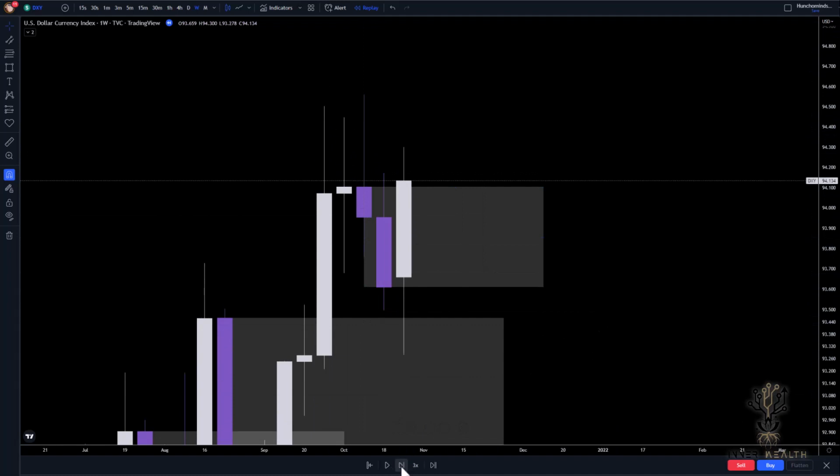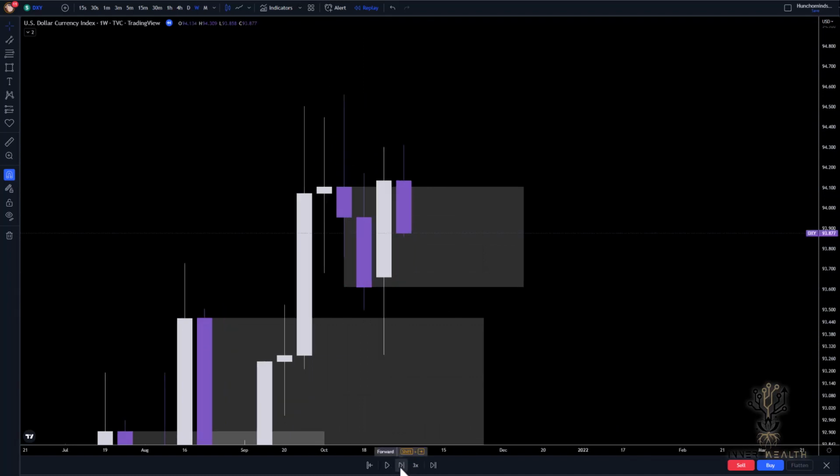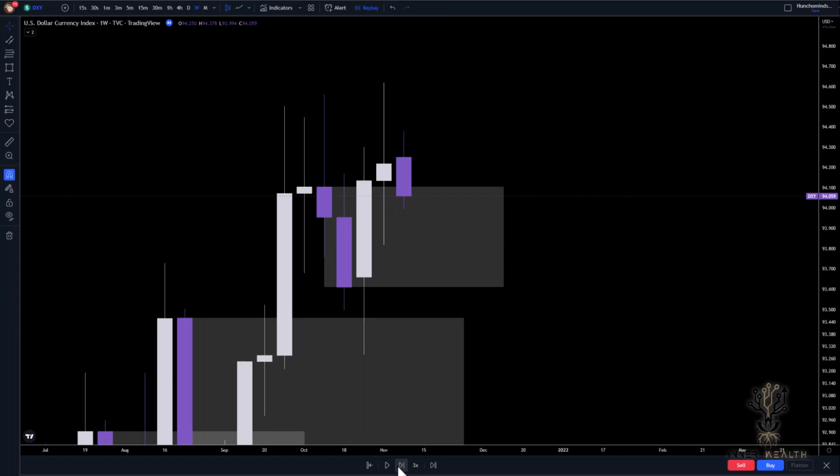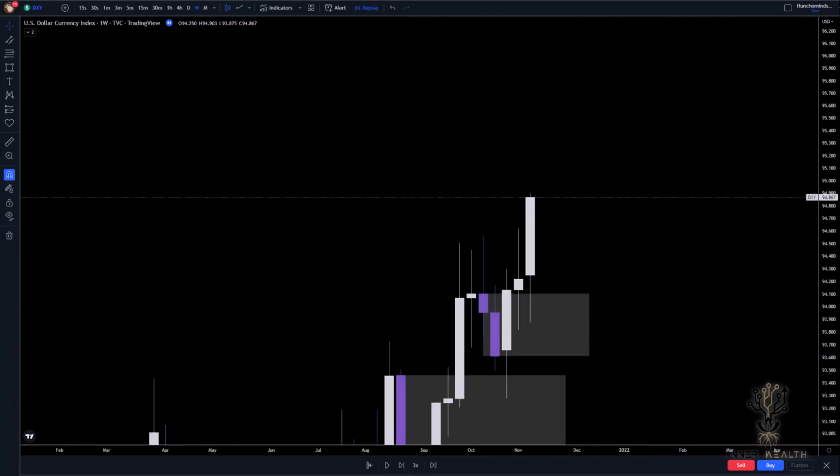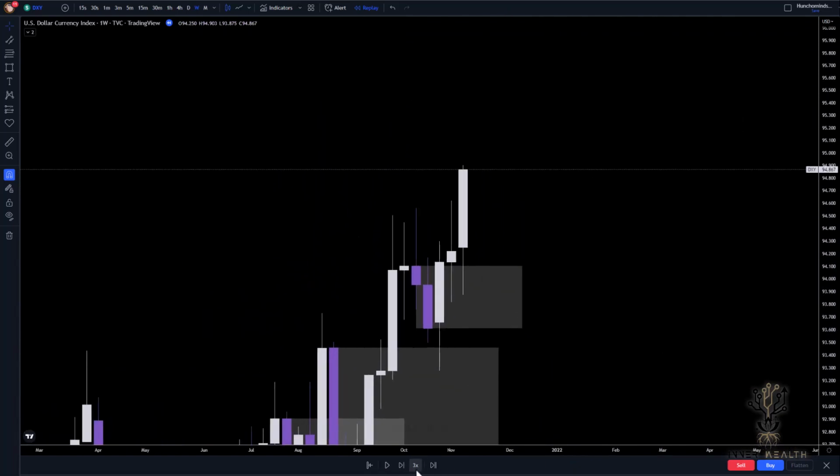So what happens on the next one? We come into it, we respect it, and then we close above. And then the next candle comes back into that previous area of support and trades above. That is good bullish price action.